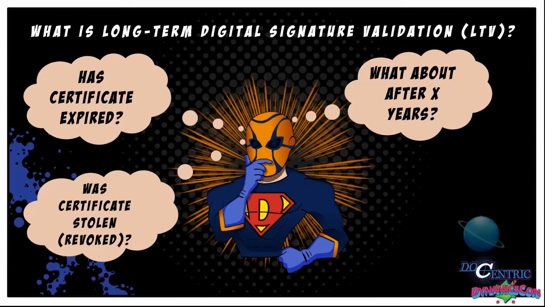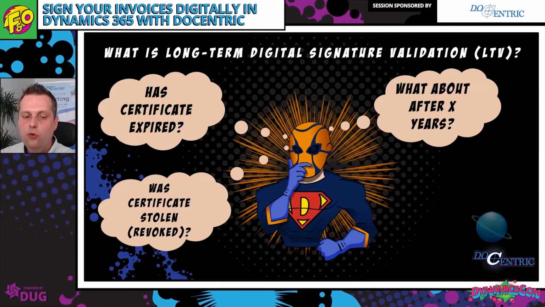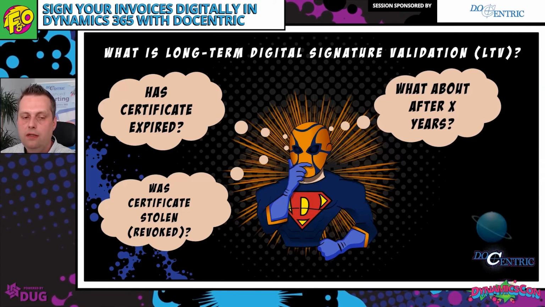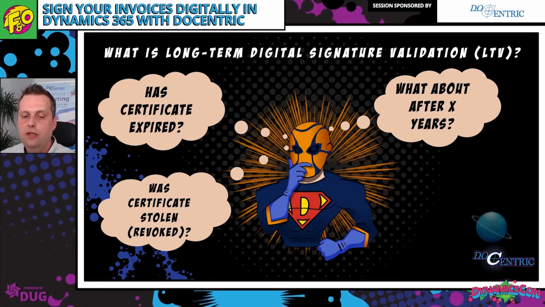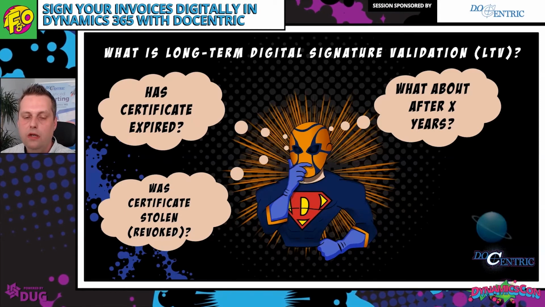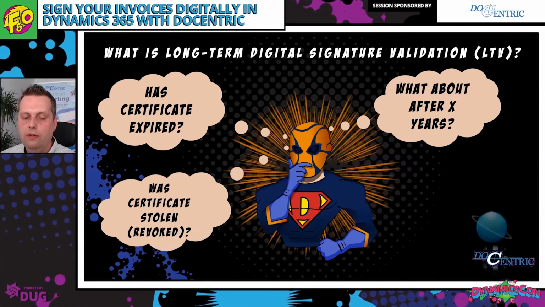So to overcome all the mentioned challenges, long-term validation of signatures was introduced, and it provides a record in which state the certificate was at the time of signing. So for example, if it was valid or revoked. And in order for the certificate validation to be undisputable, the date and time when the document was signed needs to be known.